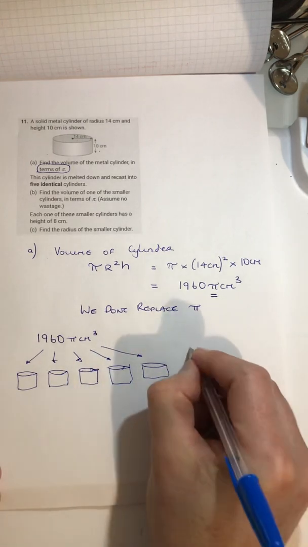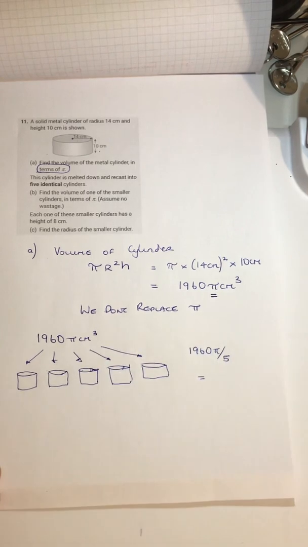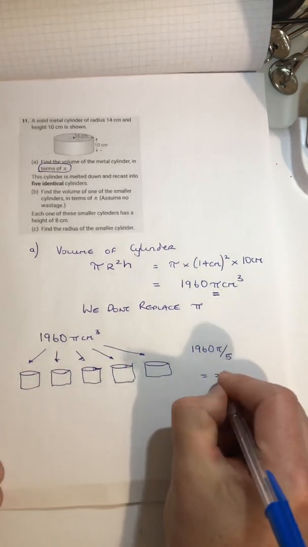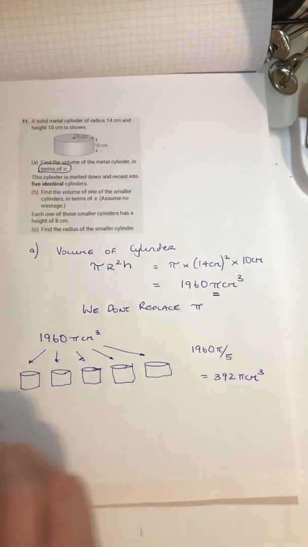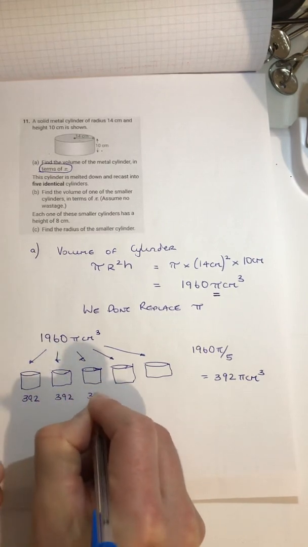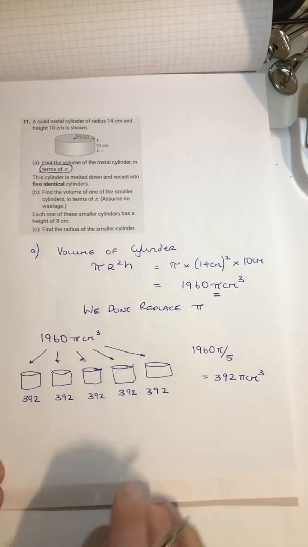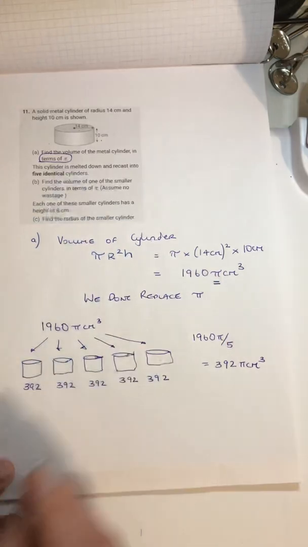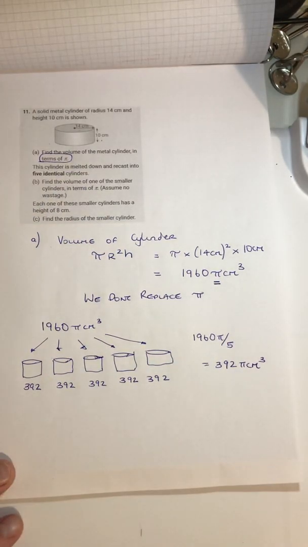So 1960 pi divided by 5 is equal to 392 pi centimeters cubed each. So the volume for part B is equal to 392 pi.